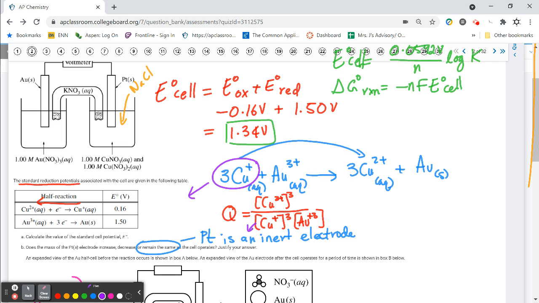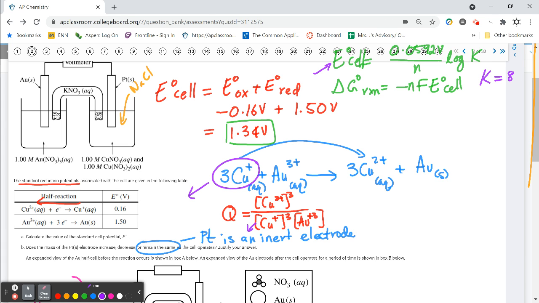So you can calculate what the equilibrium constant for this reaction should be using your E cell value. The top equation here you can use to calculate K. When I calculated K, I got a K of 8. The equilibrium constant for this reaction is 8.